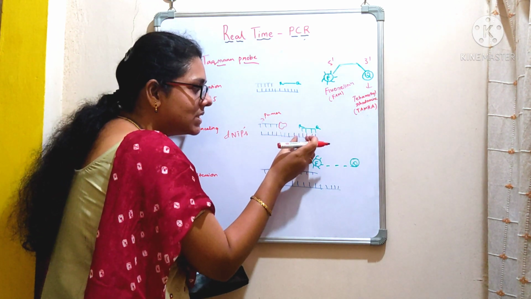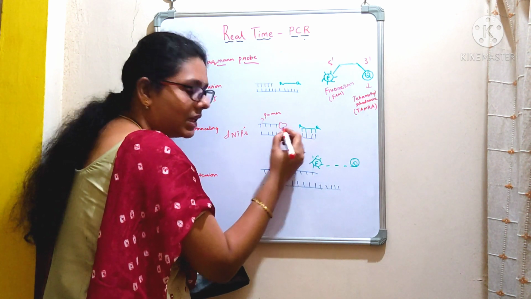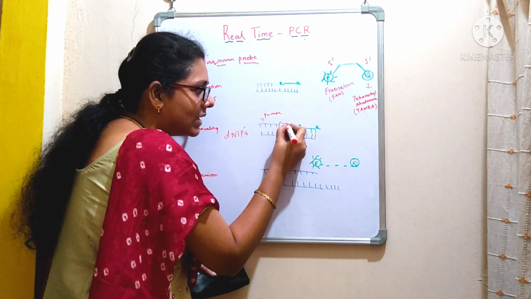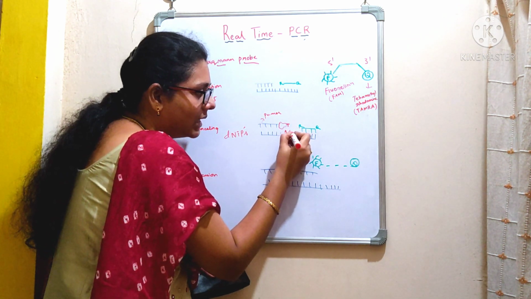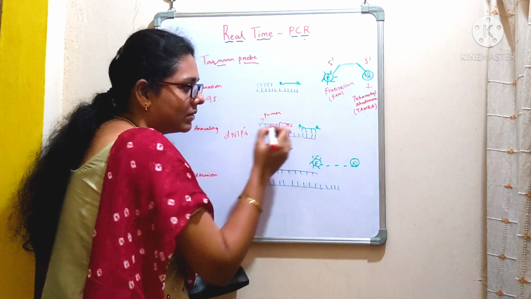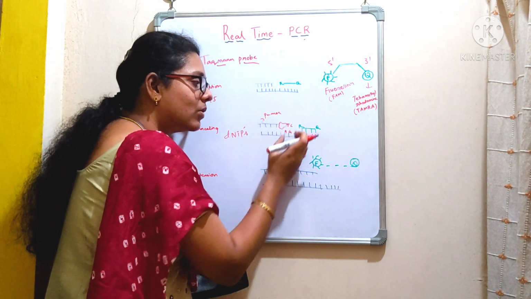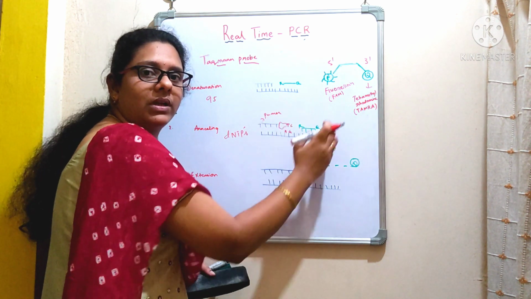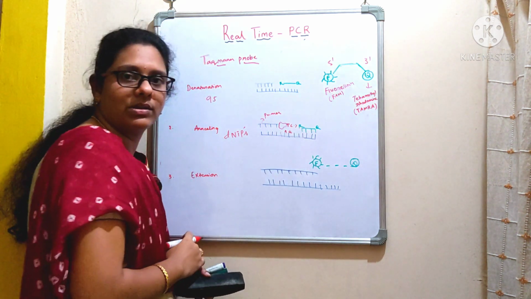Based on the sequence information on the DNA, suppose if there is an adenine here, then the DNA polymerase will add thymine here. If there is a base of guanine here, then it will add cytosine here, right? In this way, this DNA polymerase is going to add dNTPs one after the other, and synthesize the DNA in this direction.